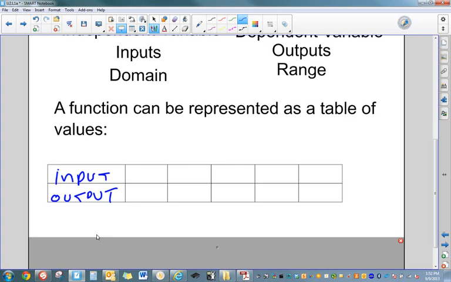When you fill in your table, what do you fill in?